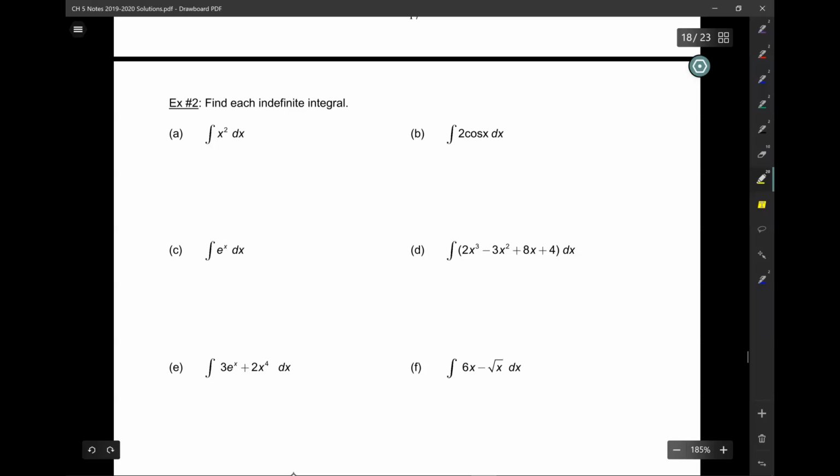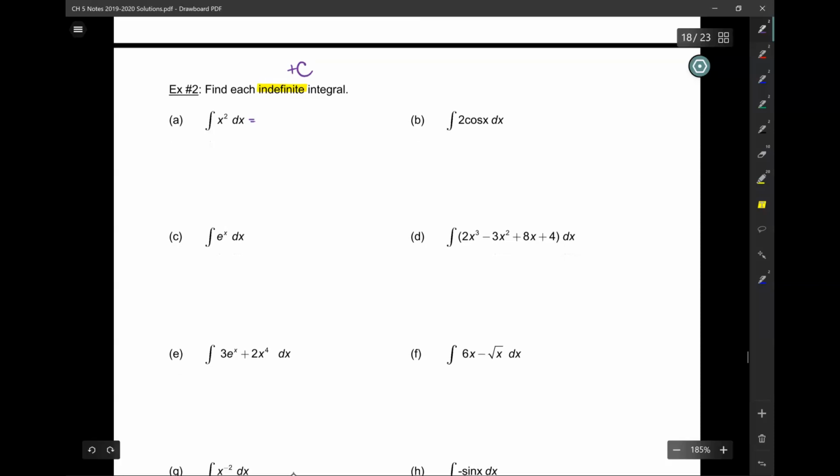Okay, so find each indefinite integral. Whenever you hear the words indefinite integral, you have to add the plus c. So, this one, let me do a couple and then I'll start taking questions. This is a basic power function. So you take x, you add 1 to the exponent, it becomes 3, and now you divide by the new exponent, plus c.